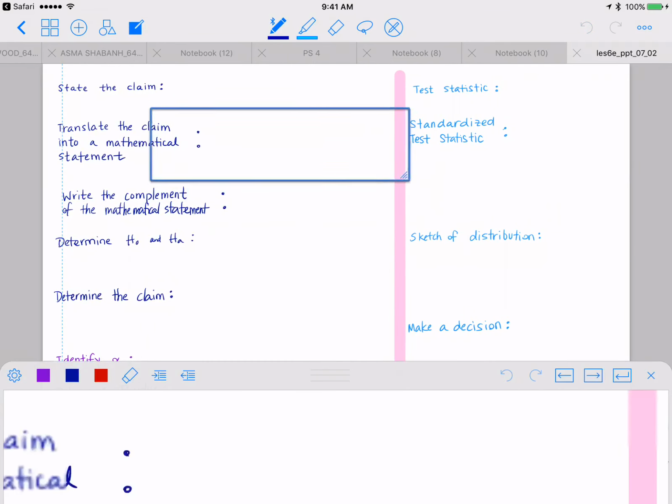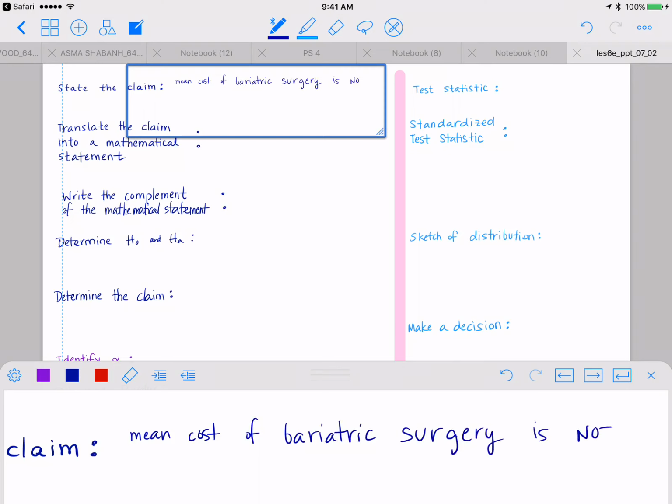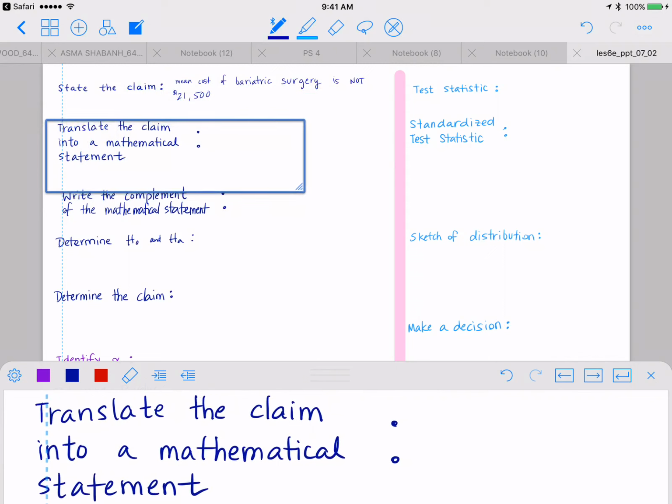So let's write that down. Mean cost of bariatric surgery is not $21,500. How do we translate the claim into a mathematical statement?